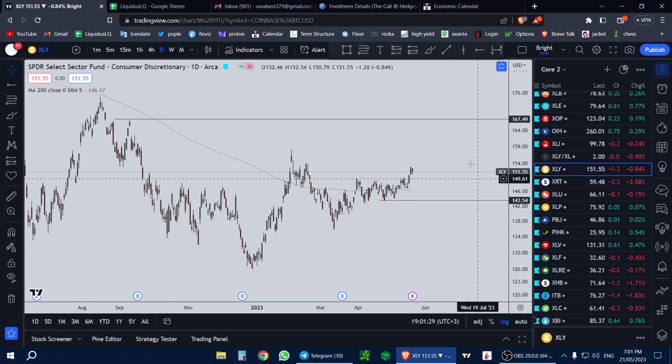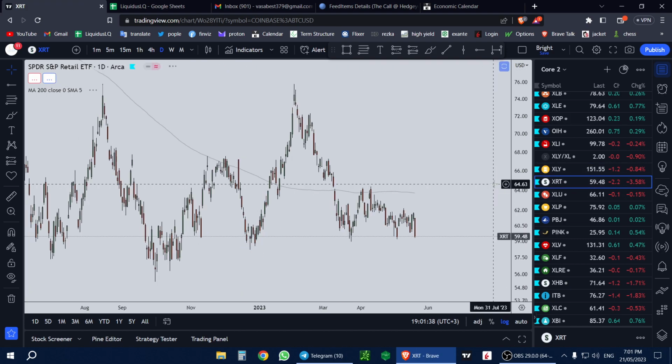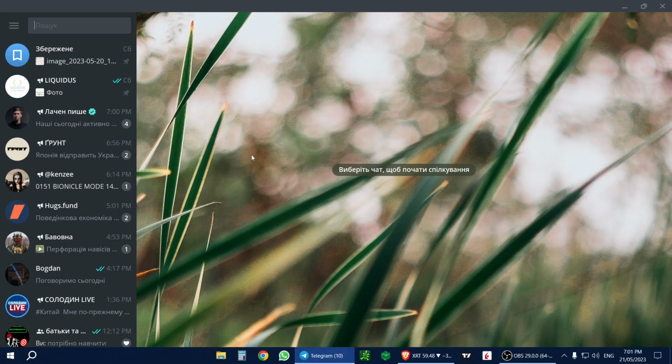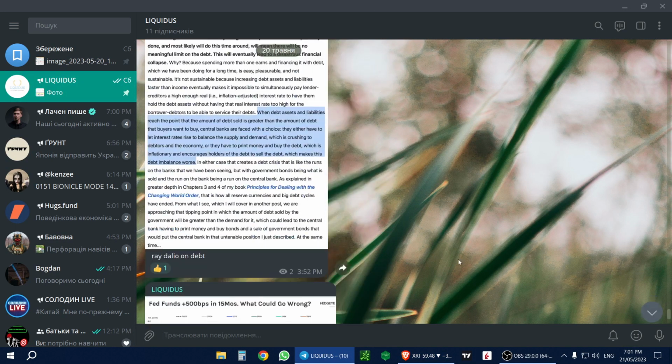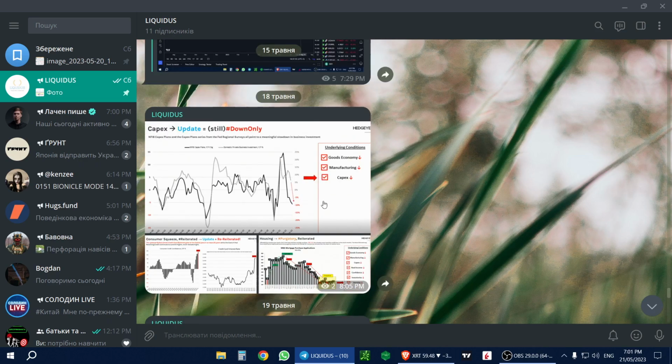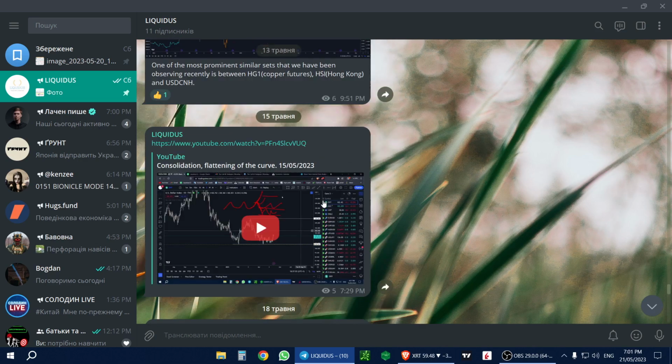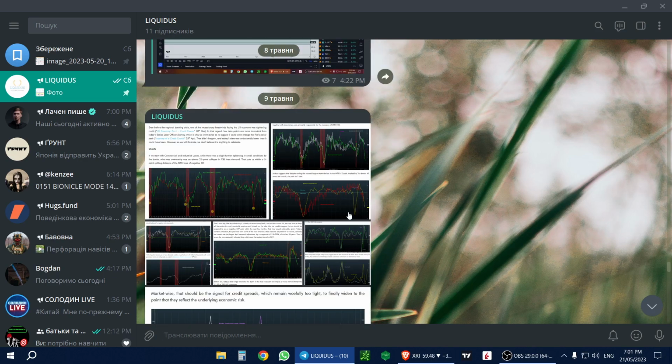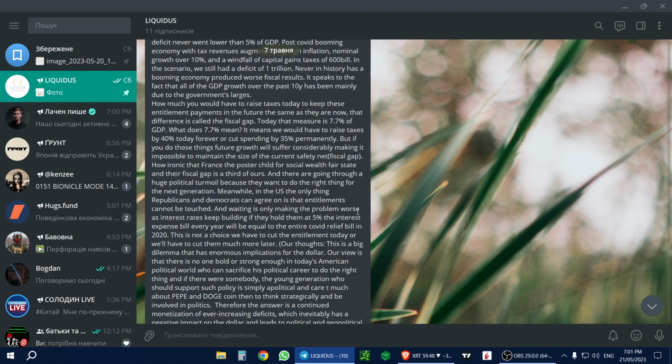So this allows us to put trades like this, to put long SPY, and at the same time short XRT. We've highlighted this relationship right here. Let me scroll upward to find what was the date that we pointed this out.